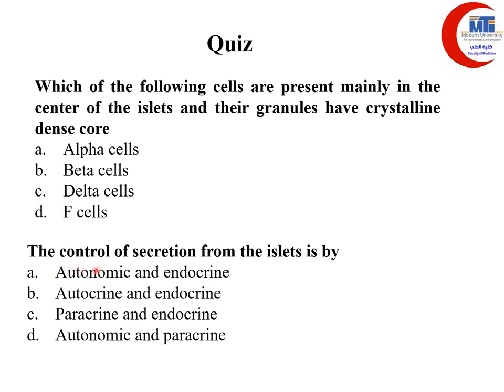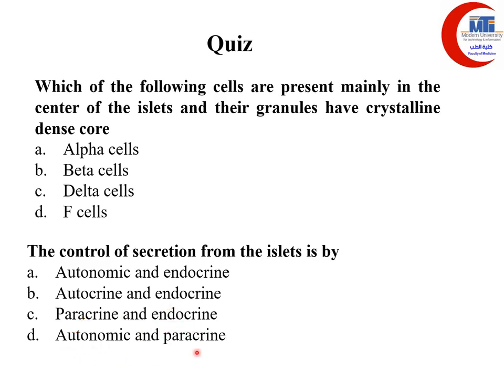The control of secretion from islets is by: autonomic and endocrine? No endocrine in islets. Autocrine and endocrine? No autocrine or endocrine in islets. Paracrine and endocrine? Also no endocrine.